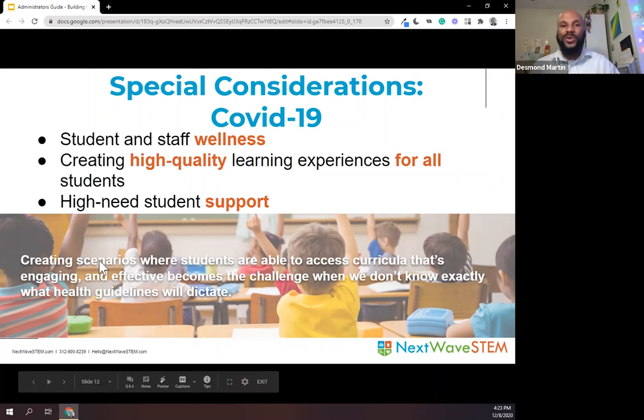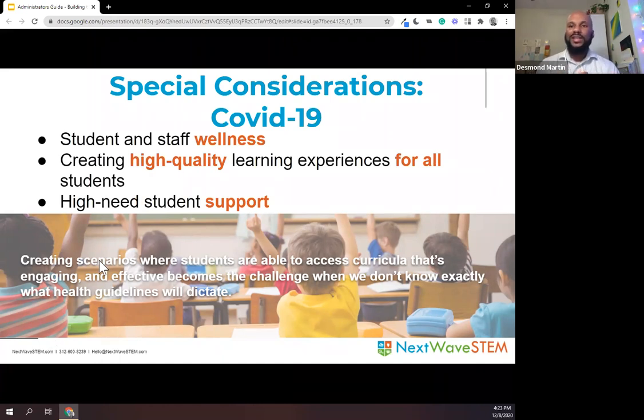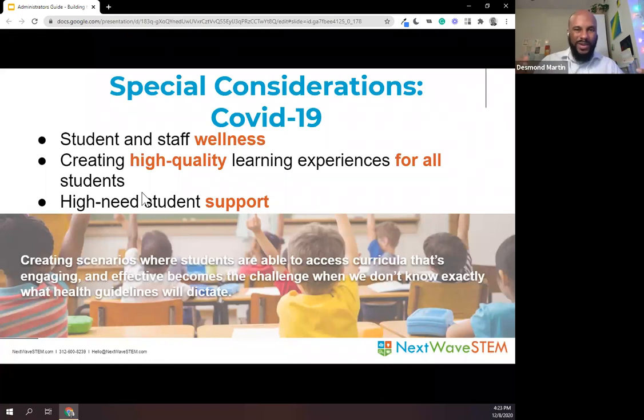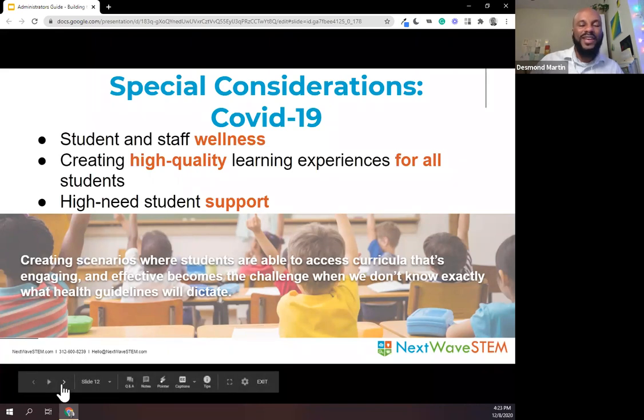So as we're building our program, the ability to adjust and find the flexibility to deliver our programming in different ways also becomes paramount. And these ideas may seem at odds, especially if you think about hands-on learning being really, really important for our students. But we'll find out a little bit later on that they can coexist, they can live together.